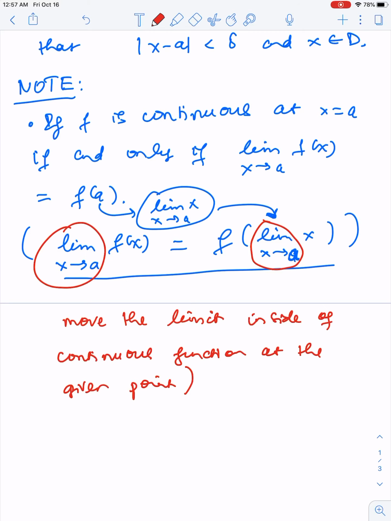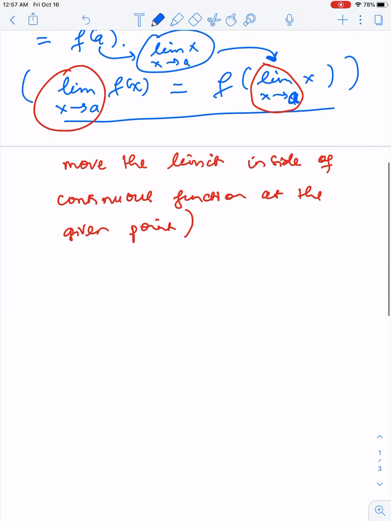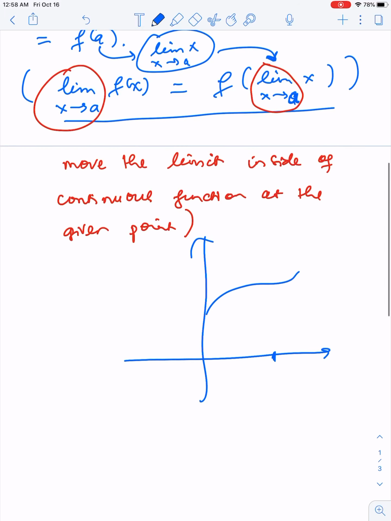And geometrically, the function f is continuous at the point x equal to A if the graph passes through the point A over here.